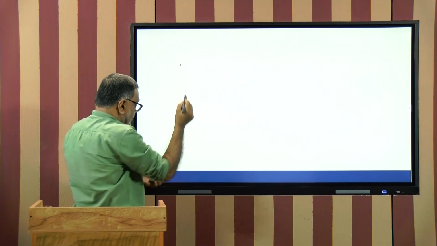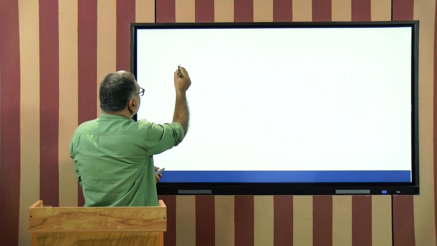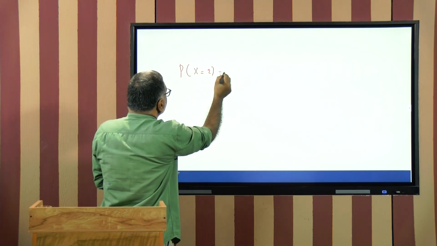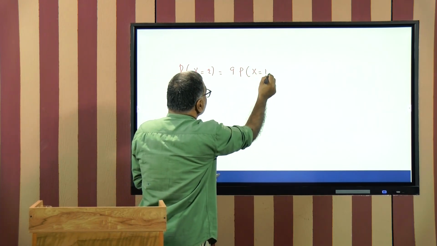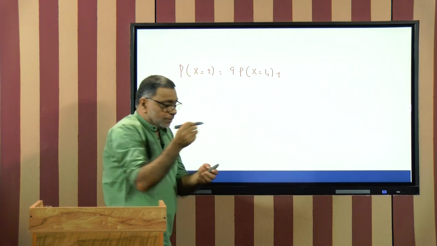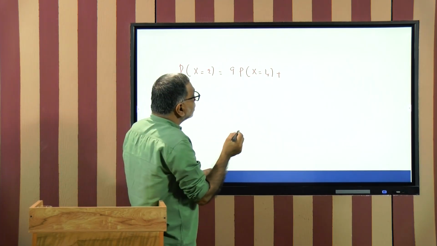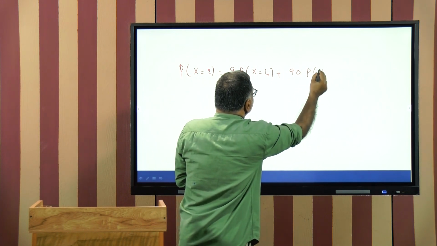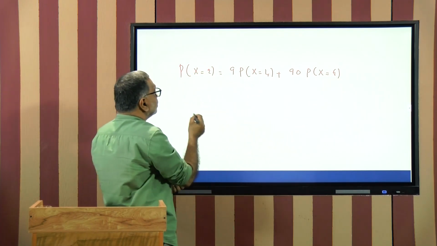See, our equation is: the probability of x equal to 2 is equal to 9 into the probability of x equal to 4 plus 90 into the probability of x equal to 6. So, this is given to you.